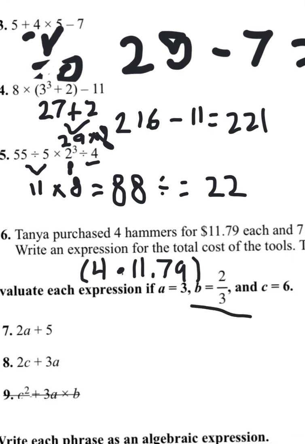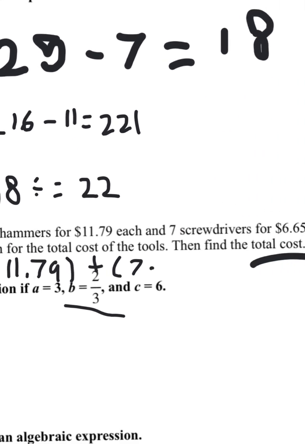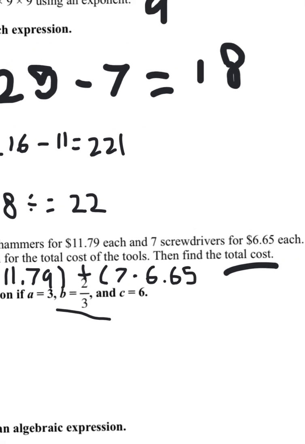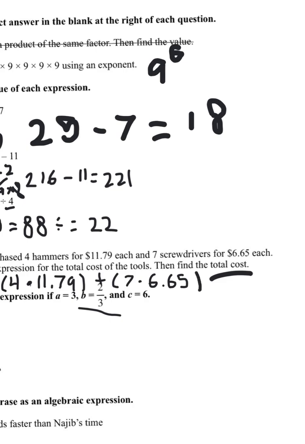And then since we're combining the tools, we're going to do plus, and then in the other parentheses, 7 times 6.65. And then don't forget your other bracket.